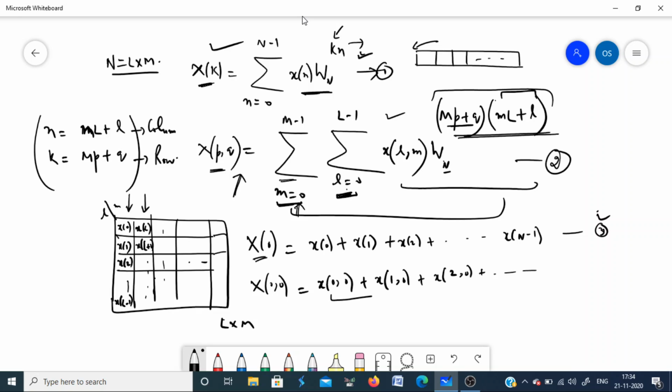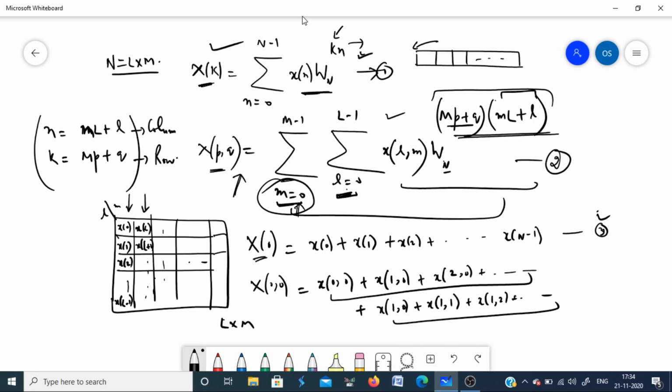I will get the first L elements when I keep m equal to 0. The next, when m is 1, I will again vary from 0 to L minus 1. I will get x of 1 comma 0, then x of 1 comma 1, x of 1 comma 2, again the next L elements for m equal to 1, and similarly so on.